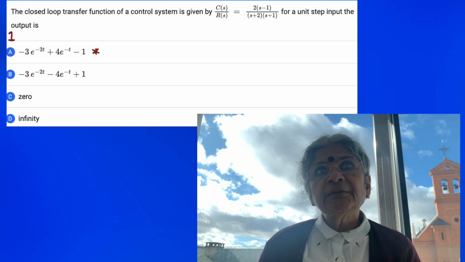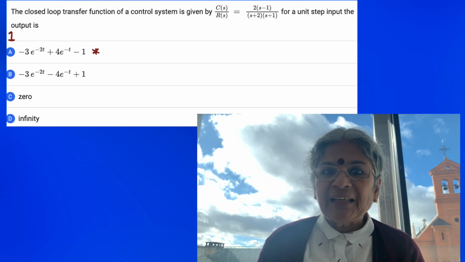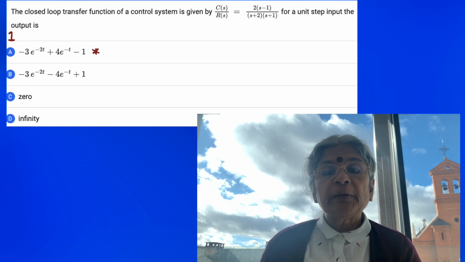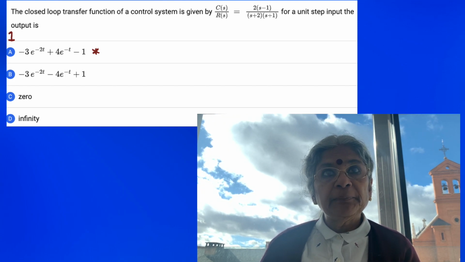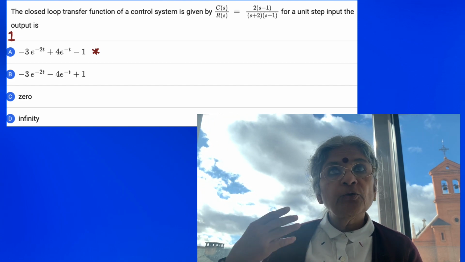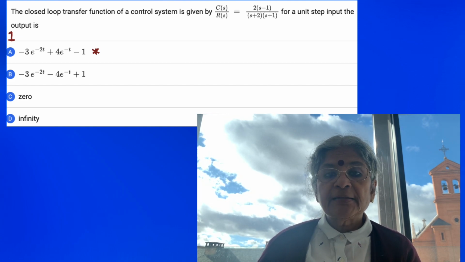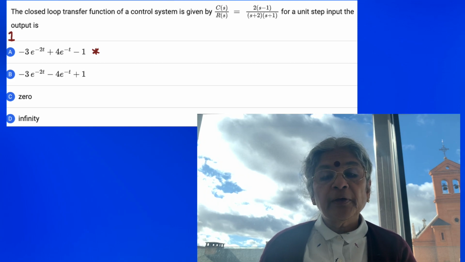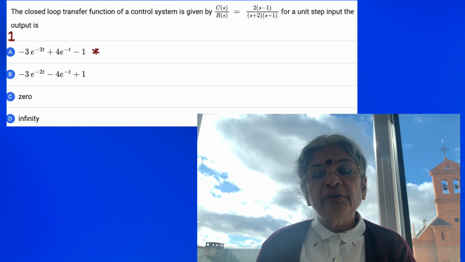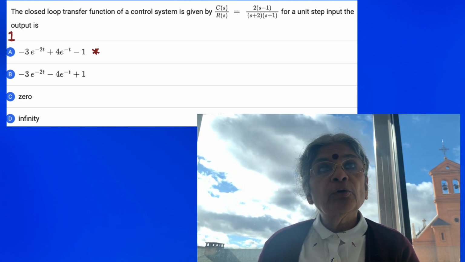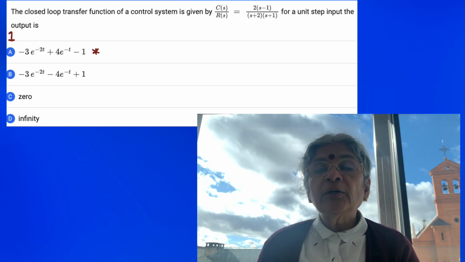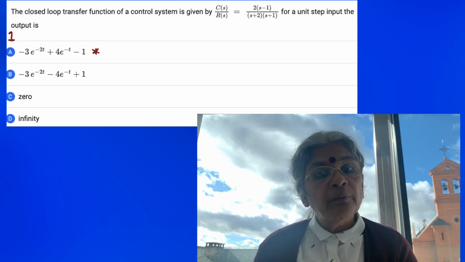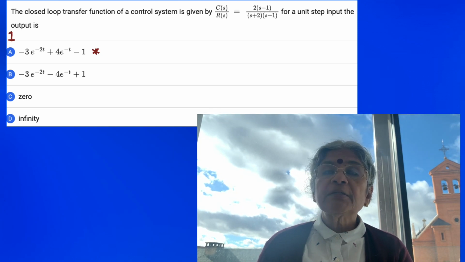For that, this is much easier, that's why I'm doing that. So now we have 1/s into 2(s - 1) / ((s + 2)(s + 1)), and to obtain the residue we multiply by s. So the s and s cancel, and then substitute s equal to 0. On the numerator you have minus 2, on the denominator you have 2 into 1, which is 2. So the residue is minus 1. So the constant is going to be minus 1, and that appears in A.